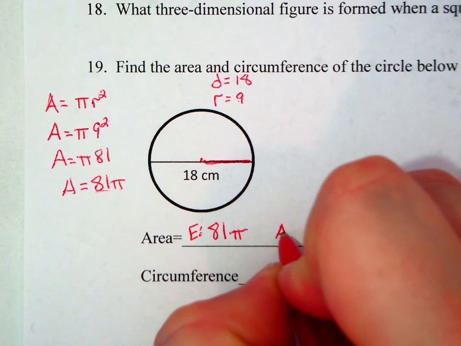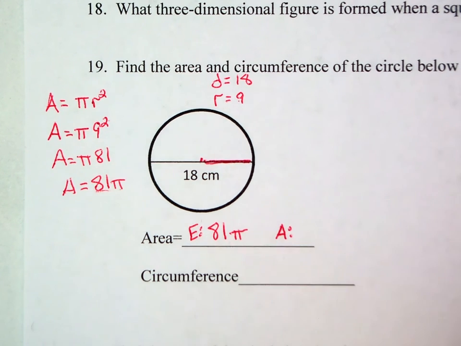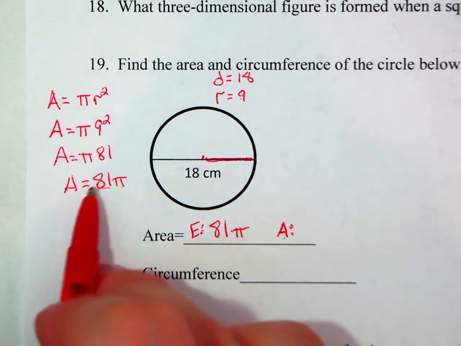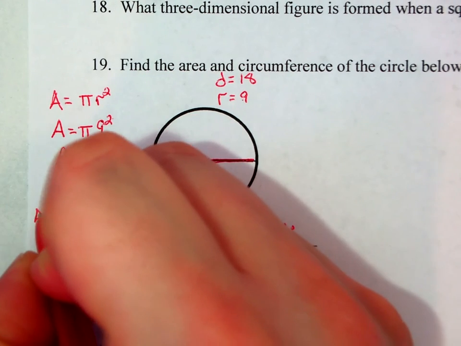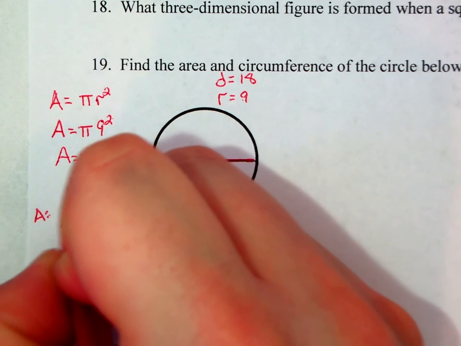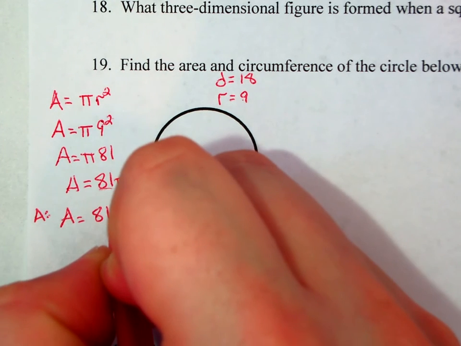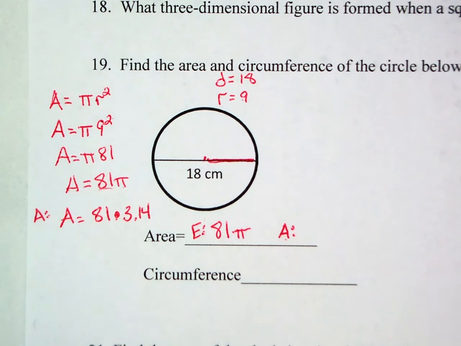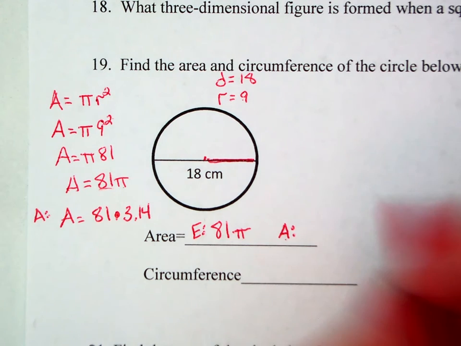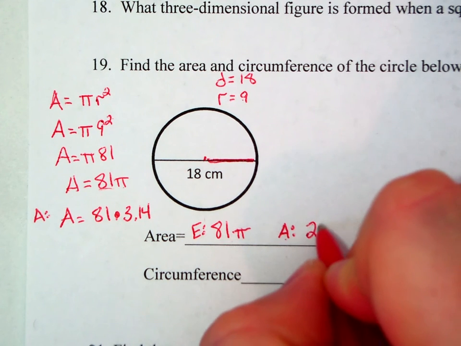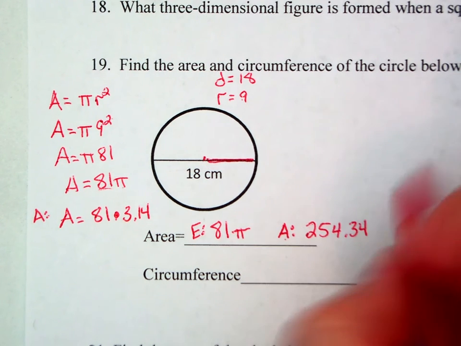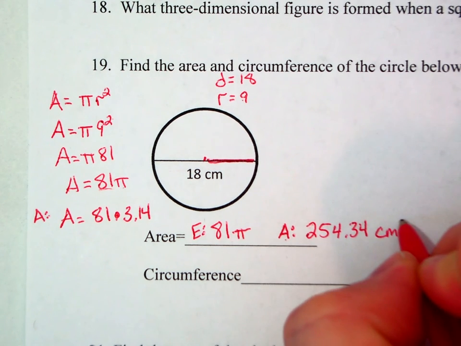So now I'm going to give an approximate solution, denoted by the A, and I'm going to multiply 81 times 3.14, 3.14 being my approximate value of pi. And that's going to give me 254.34. Let's call that centimeters squared.